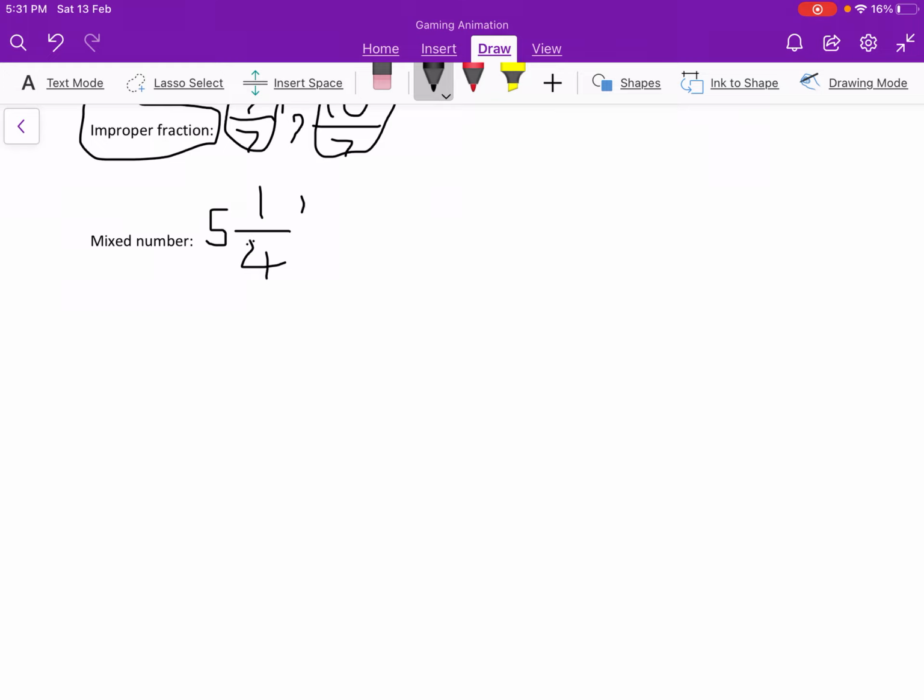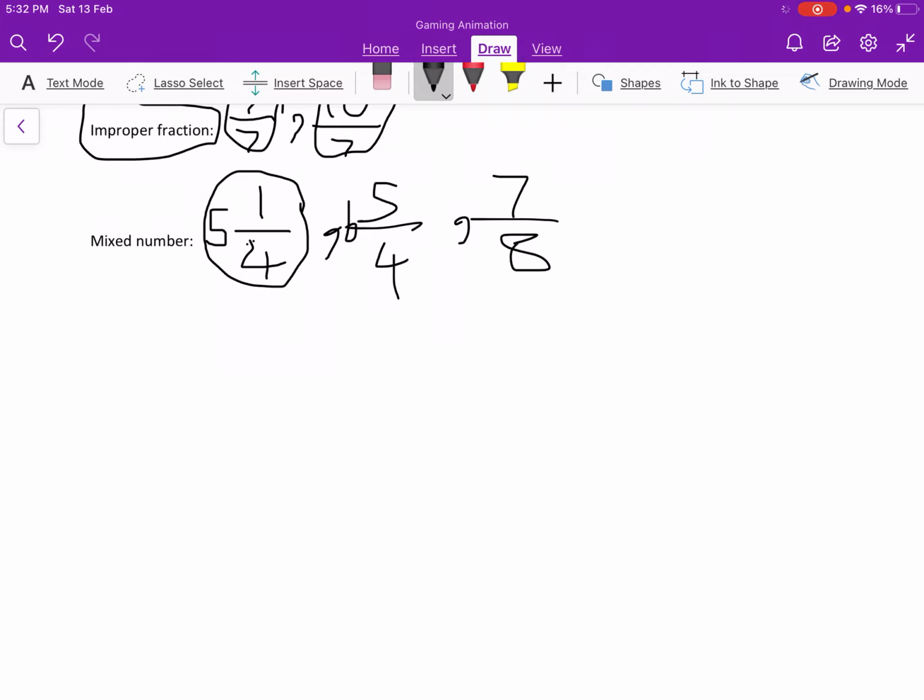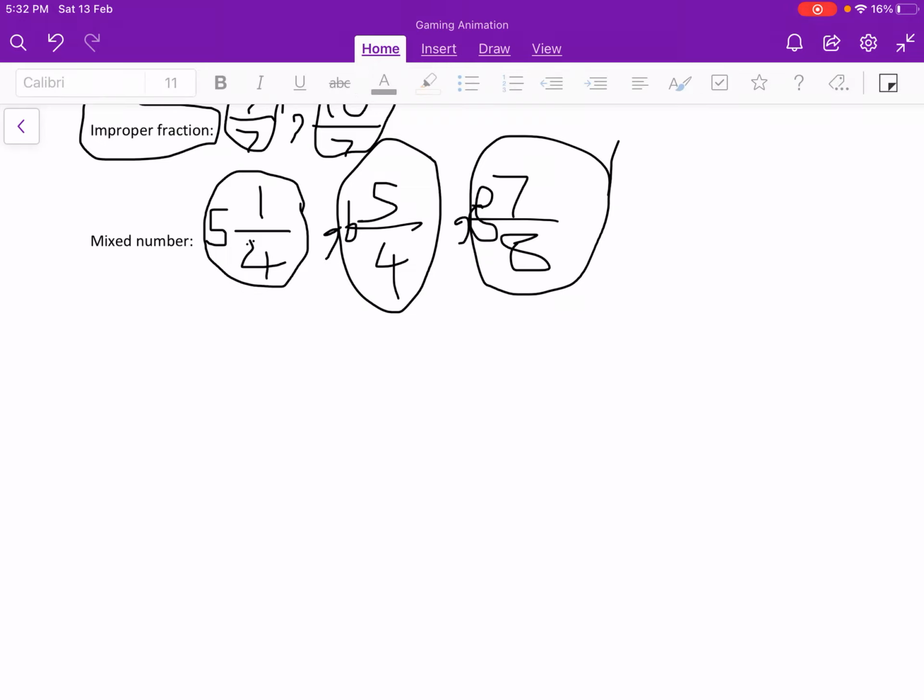So this is a mixed number. There can be different types of mixed numbers, like, for example, 5 by 4 and 6 there, and 7 by 8 and 8 over there again. Yeah, there are different types of mixed numbers, or mixed fractions. Yeah. So let's continue.